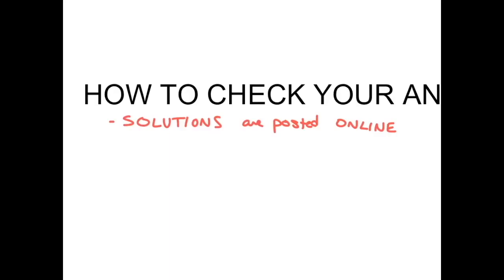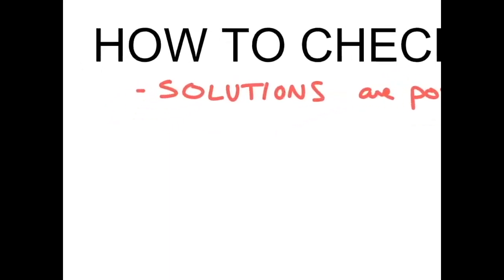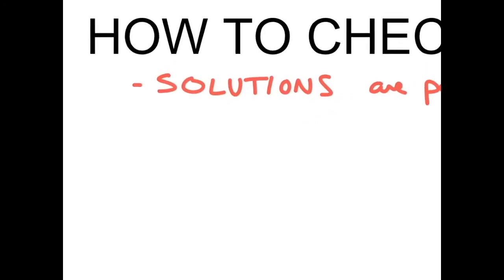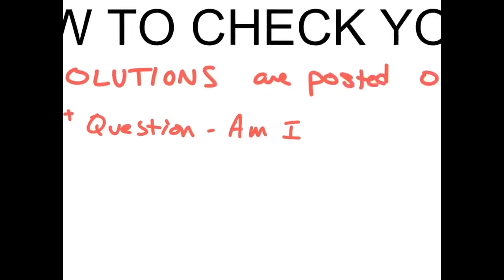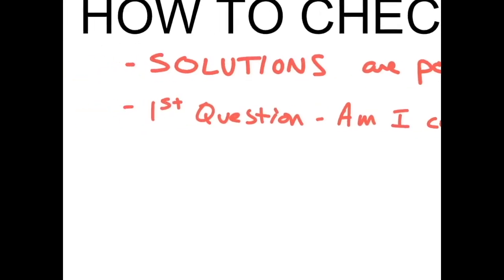When you're doing your homework, the first question that you want to ask yourself when you're checking your work is, am I correct? The second question you want to ask yourself is, is my work correct?